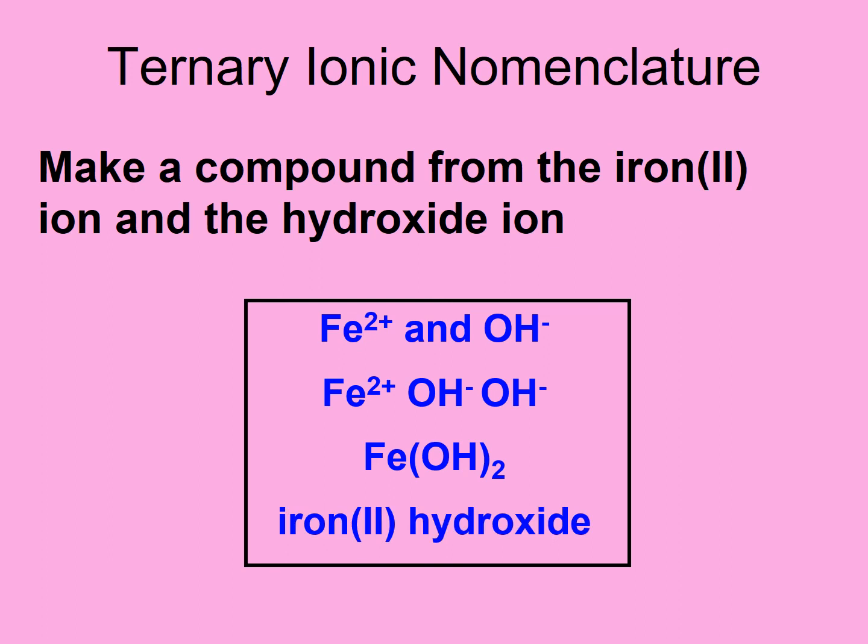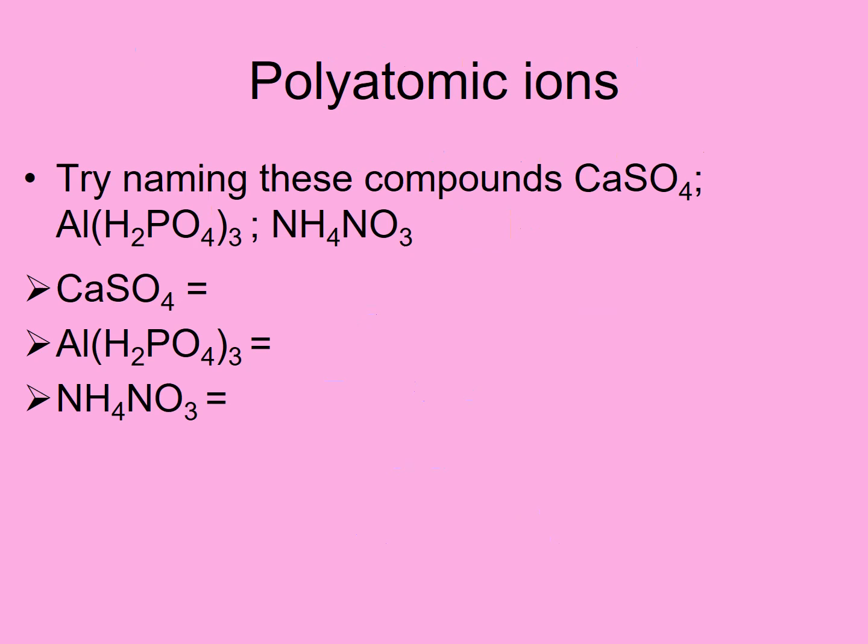If we had iron 2, that means Fe+2. And if we had hydroxide, again, that is a polyatomic ion, you might remember, is OH with a -1 charge. That means we are going to need a 2-to-1 ratio of hydroxides. So we put the hydroxide in parentheses and write a 2 outside.